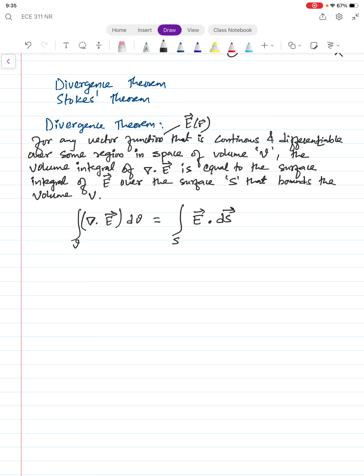However, this surface should be a surface that bounds the volume. Okay, so this cannot be any arbitrary surface. No, this surface should be a surface that bounds this volume. Let me write this over here. This surface should bound volume V. That's why we put a notation for a closed surface.